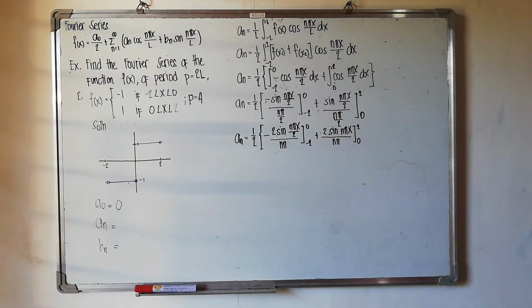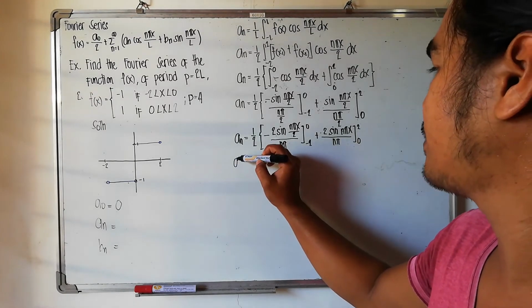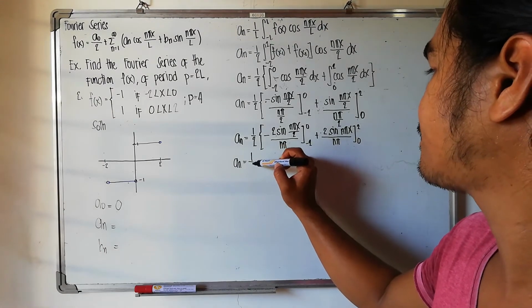So let us substitute the upper and lower limit, so a sub n is equal to 1/2.